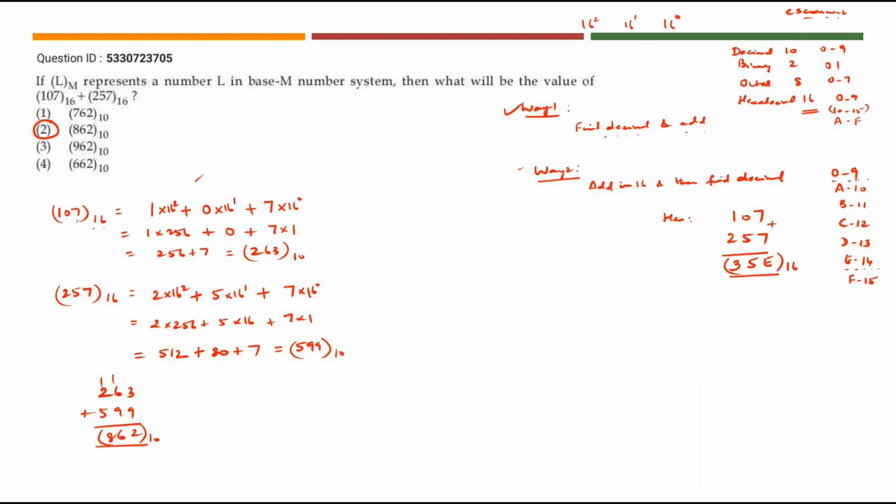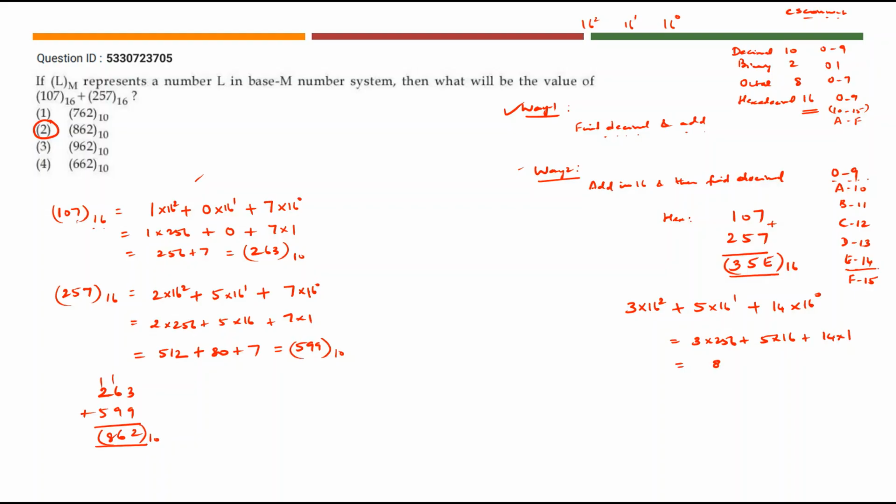Now just find 3, 5, and E is 14. Now apply 16 power 0, 16 power 1 and 16 power 2. Just add these terms. You will get 3 into 256 plus 5 into 16 plus 14 into 1. What is 3 into 256?